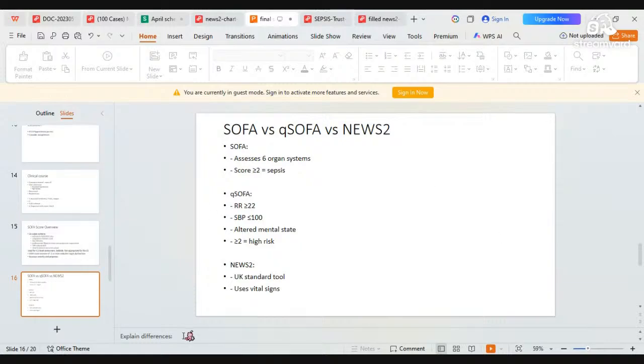However, NICE does say we should concentrate on using the NEWS score, and have a very high index of suspicion for a patient that has infection. You have to see your patient thoroughly so that you do not miss out on anything, because sepsis kills more persons than breast cancer does. Thank you.